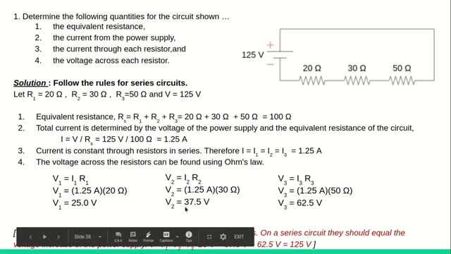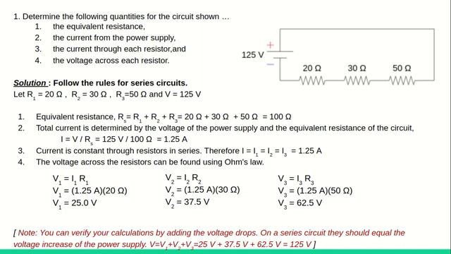Similarly, V2 we get as 37.5 volt and V3 as 62.5 volt. And if you add all the three voltages together, you will get 125 volt, which is the total potential difference in the circuit.